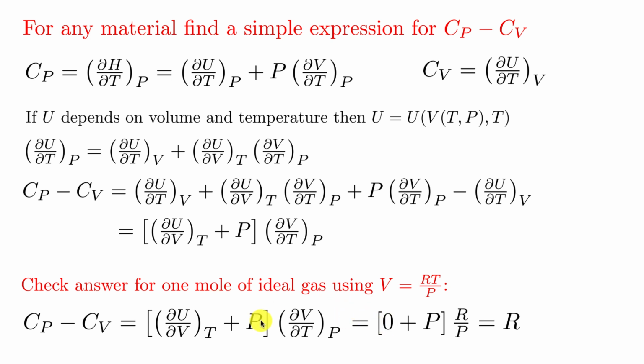That's the 0 over here. P comes here. And dV by dT. So take dV by dT from this formula. That is R over P. So we have P into R over P, which is R. And so we have got it right.